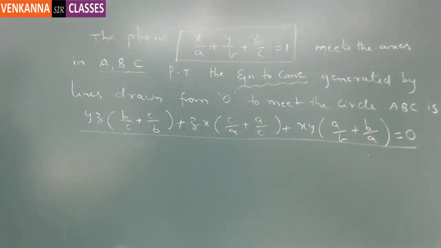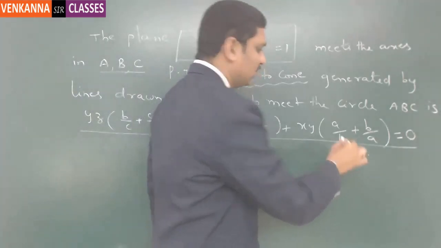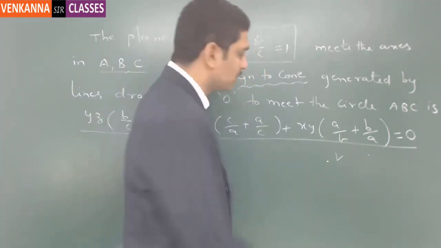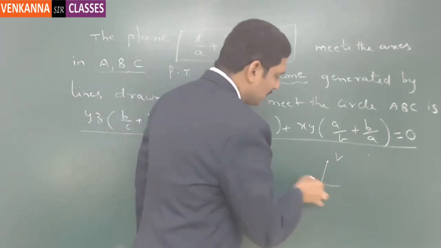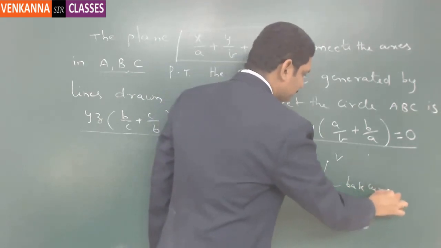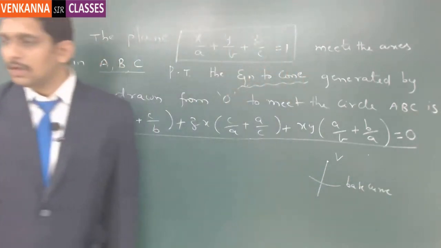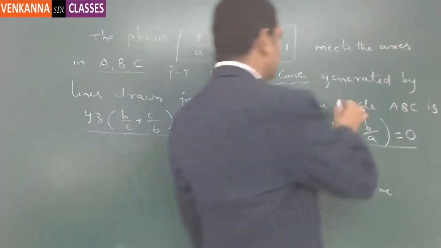As we know, whenever we draw a cone equation, obviously it should have a vertex and the generator of the cone touches a base curve. So in the problem, it is observed that the base curve is nothing but this circle.